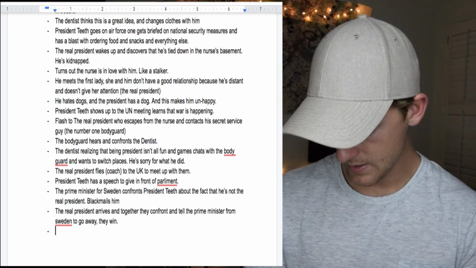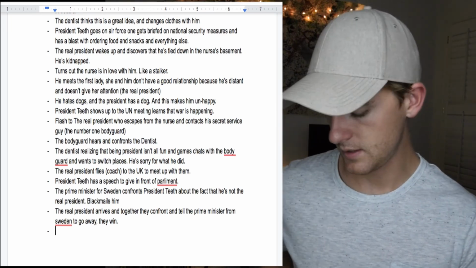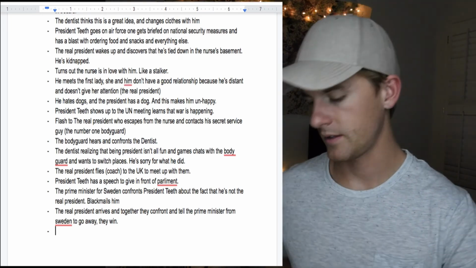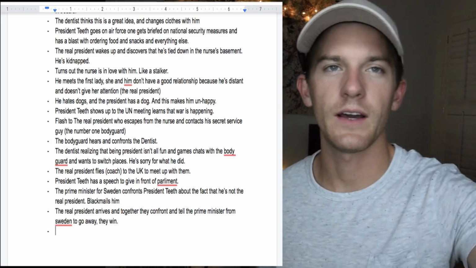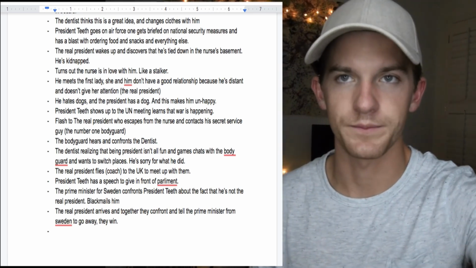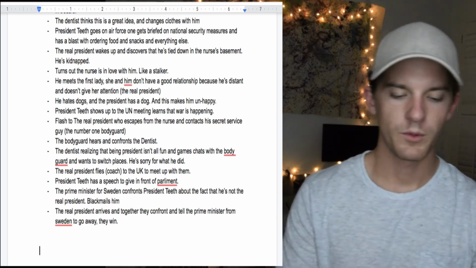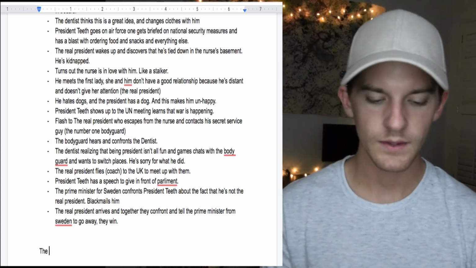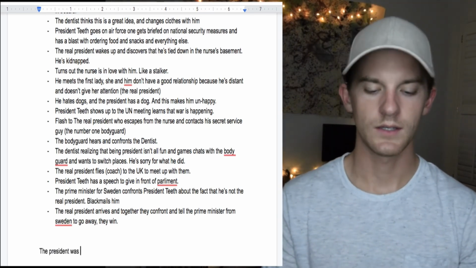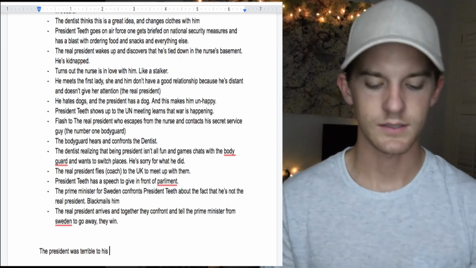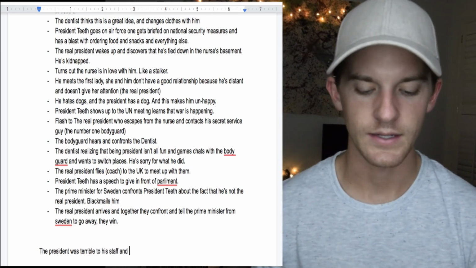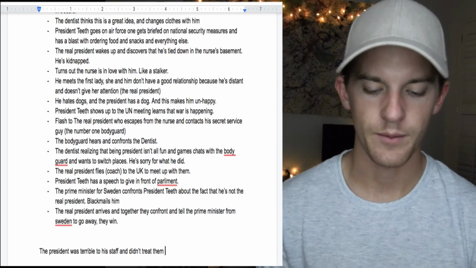So then we find out, let's see, we're at the end here, I think. Yeah. So then we find out, a couple notes here, that the president was terrible to his staff and didn't treat them well.